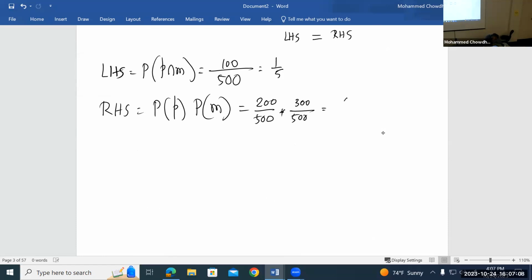So we have here 6 over 25. Okay. So this is equal to 0.20. This is equal to 0.24.